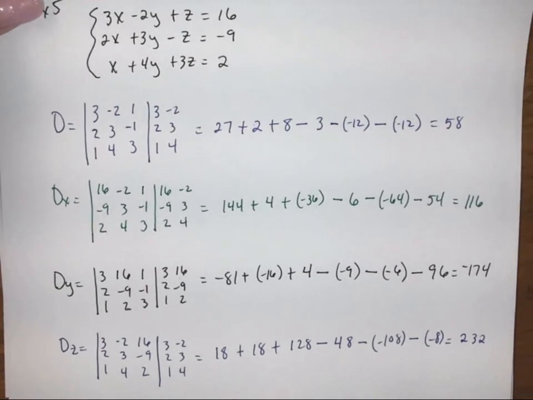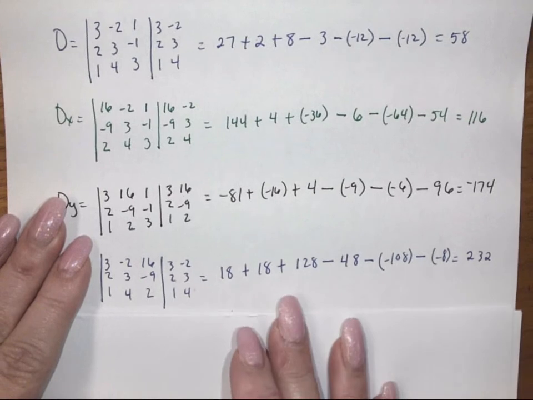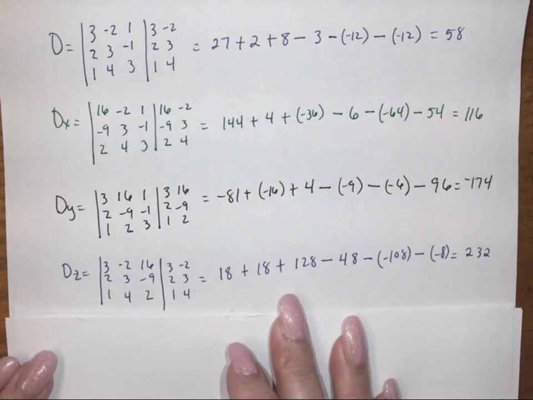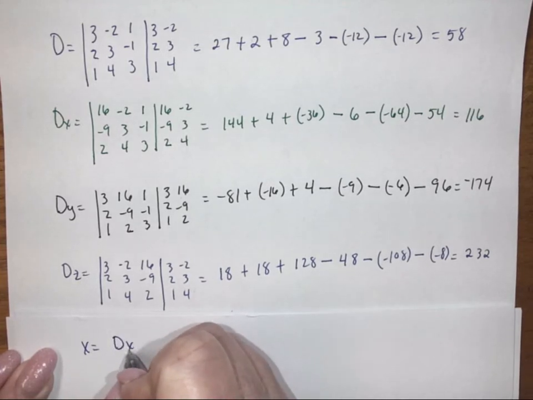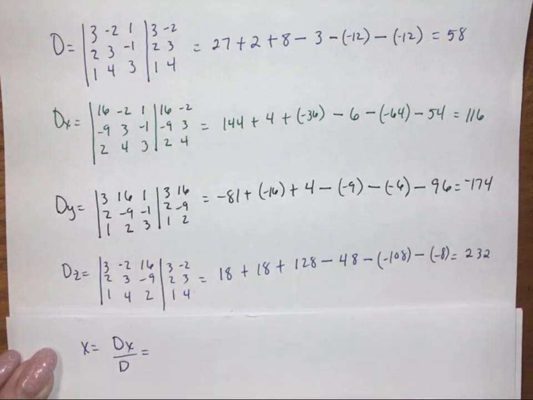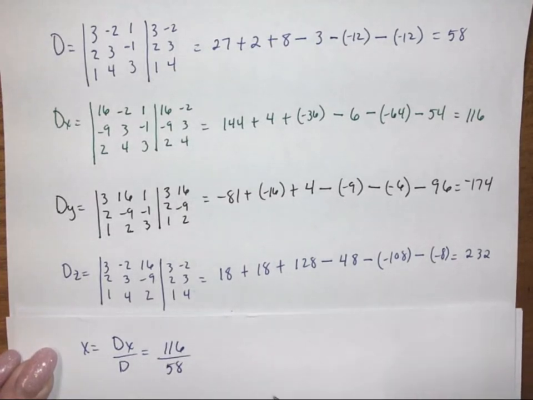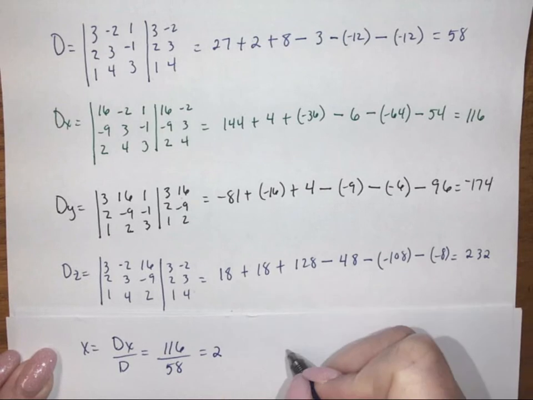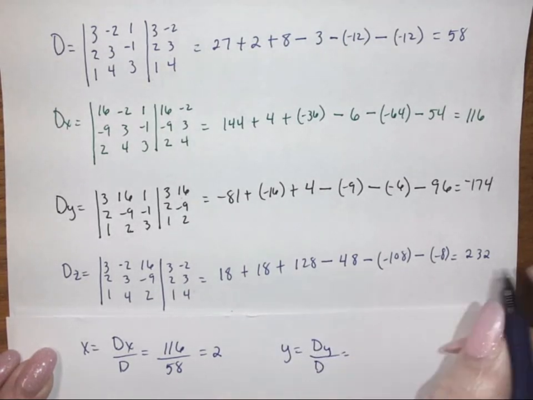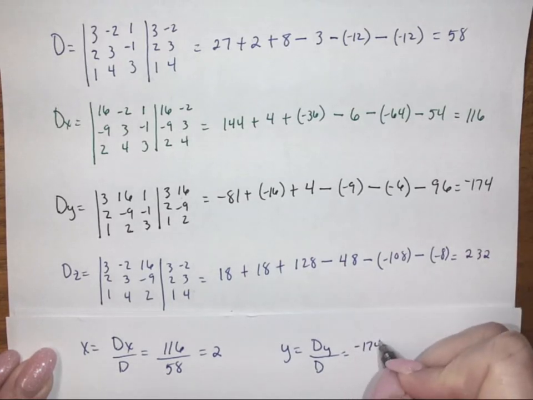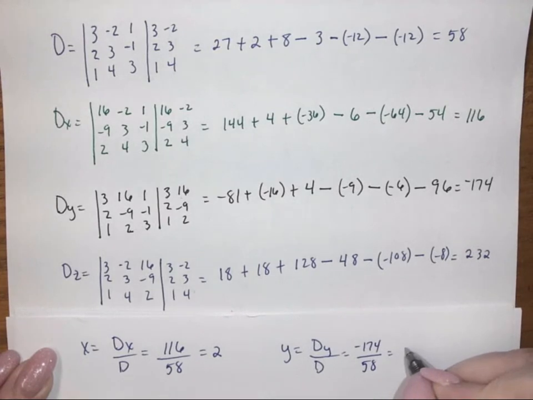So now we just need to find our x, y, and z. So our x is going to be dx divided by d, which will be 116 divided by 58, which equals 2. Our y is dy divided by d, which is negative 174 divided by 58, which will equal negative 3.